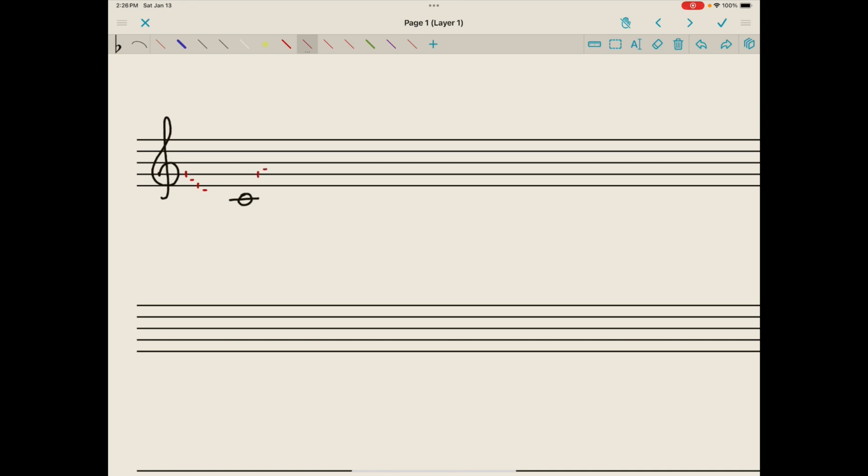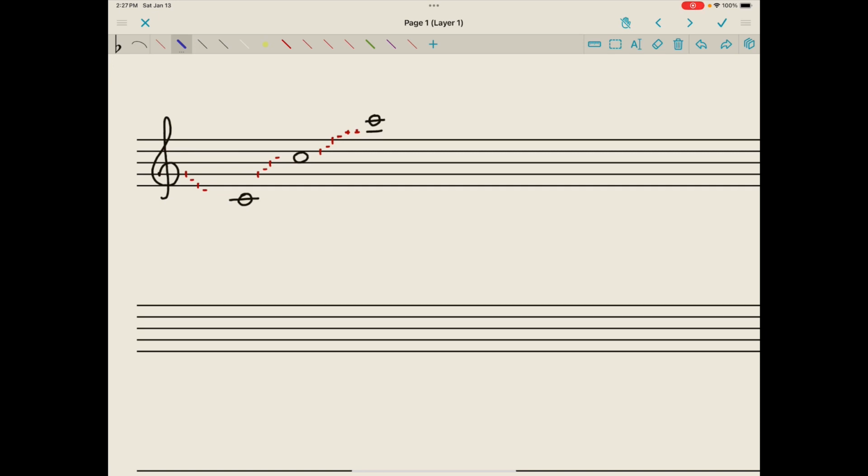G, go up, A, B, C. Here's my next C I'm going to write, and then I'm going to keep ascending through the musical alphabet: D, E, F, G, A, B, and our C above the staff would require 2 ledger lines, and it would be a line note. So let's hear what this would sound like on the keyboard.